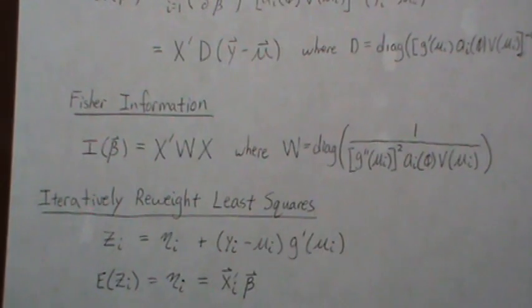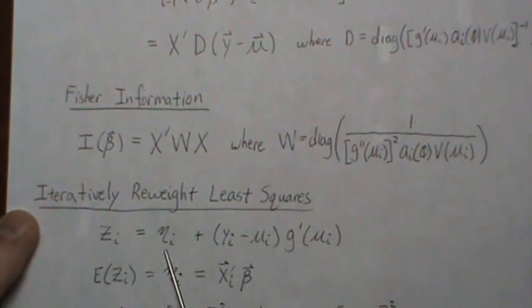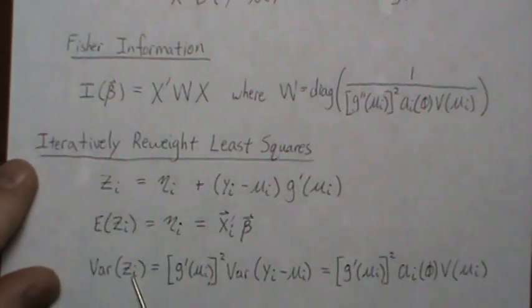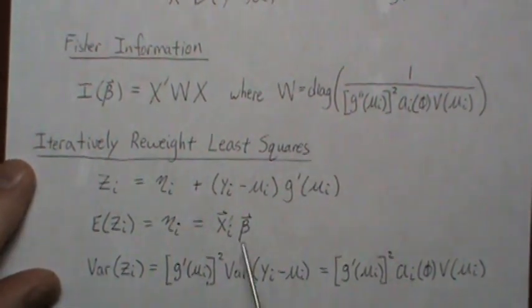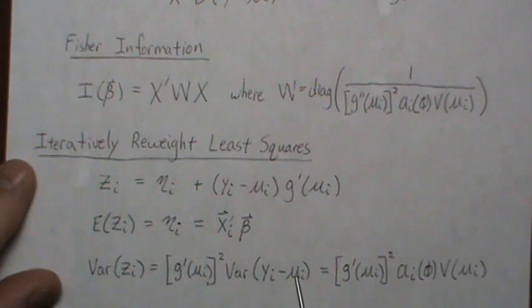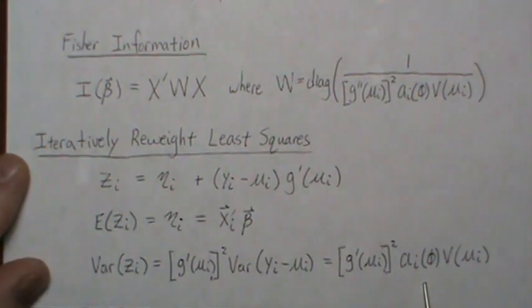So we're going to have to use weighted least squares somehow. The mean of this is just the linear combination. And the variance of the z_i's: this is constant, so it goes away. This comes out squared, the variance of this. That's constant, so it goes away. The variance of this is this. So it's our variance function times our overdispersion function.